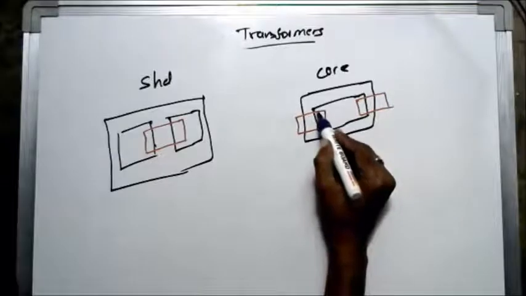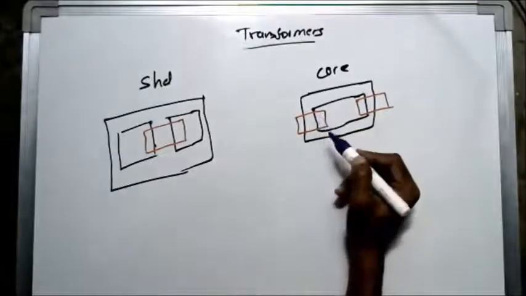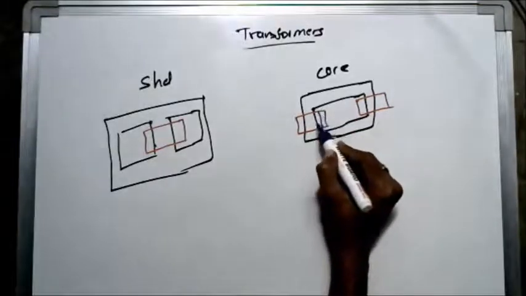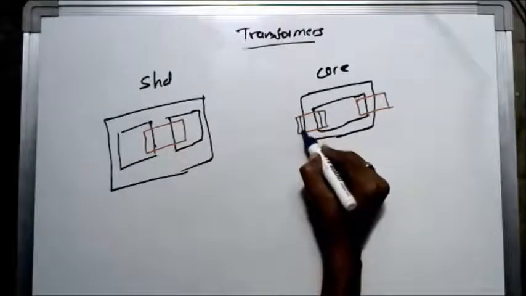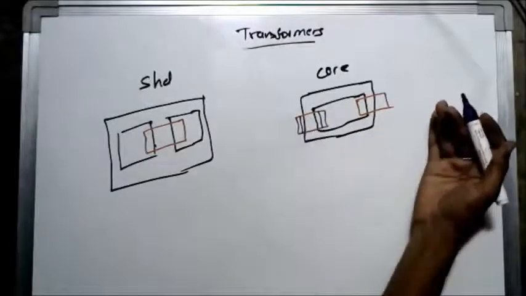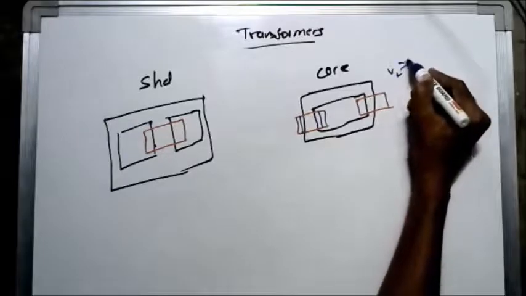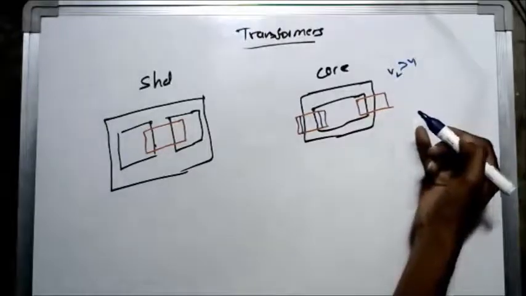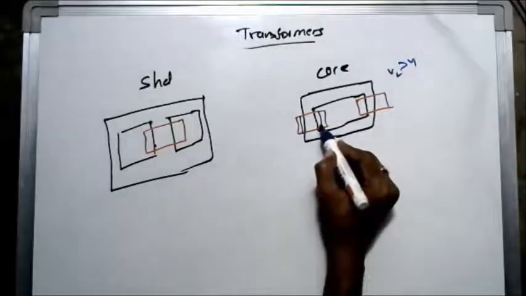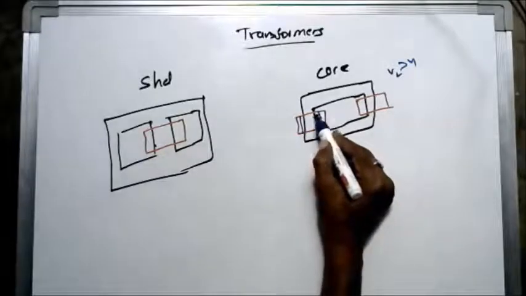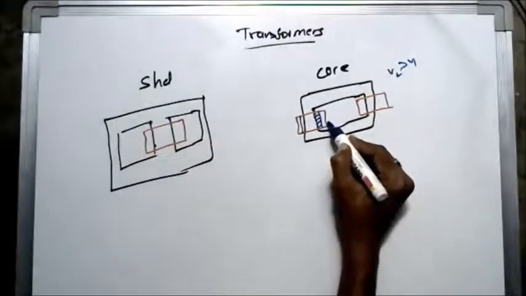The primary winding, the low voltage winding, is wound nearer to the core, and the high voltage winding outside. For example, secondary V2 is greater than V1. Assume this is a step-up transformer. So the primary winding is wound in this fashion, and this is the secondary winding.